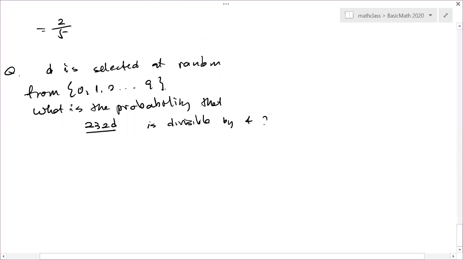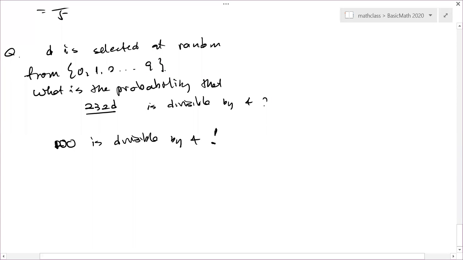Now, how do you determine whether a number is divisible by 4? It's a little bit hard, but we know the fact that 100 is divisible by 4. So we use this fact to simplify the problem.